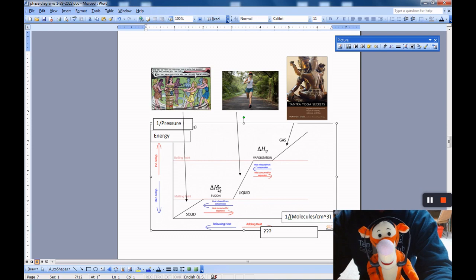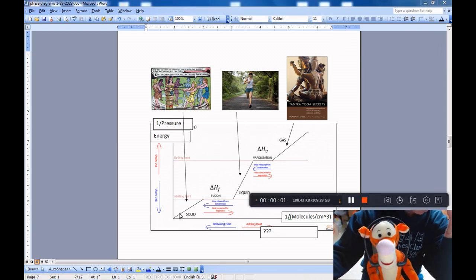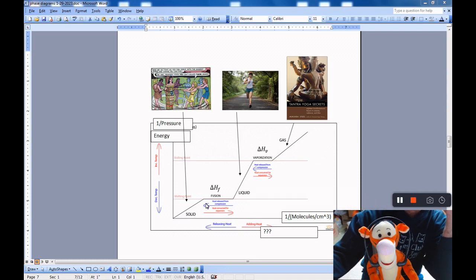Let's see what all that means. So we have a high pressure. Let's say we're going to the point of fusion, going from a solid to a liquid.